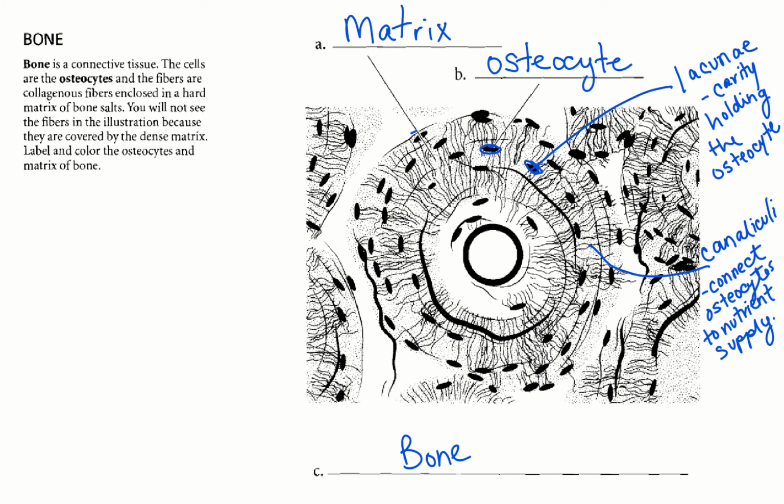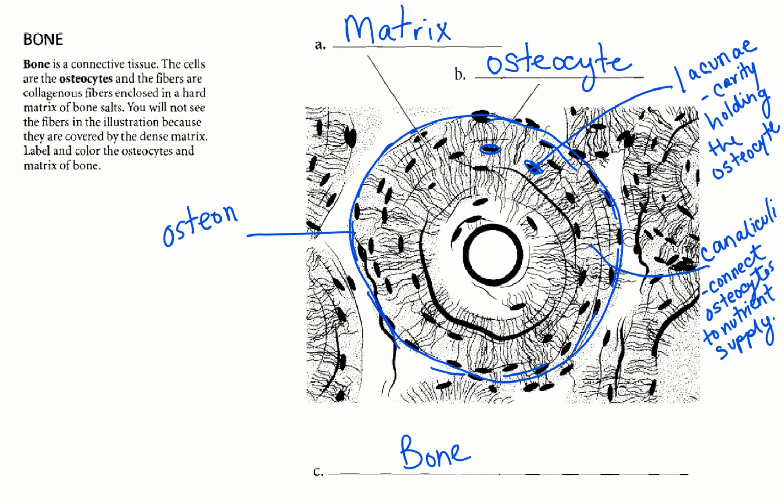This entire circular unit here, if you can see that right there, this is what we call an osteon. You might also hear it referred to as a Haversian system, but this is like an entire unit.